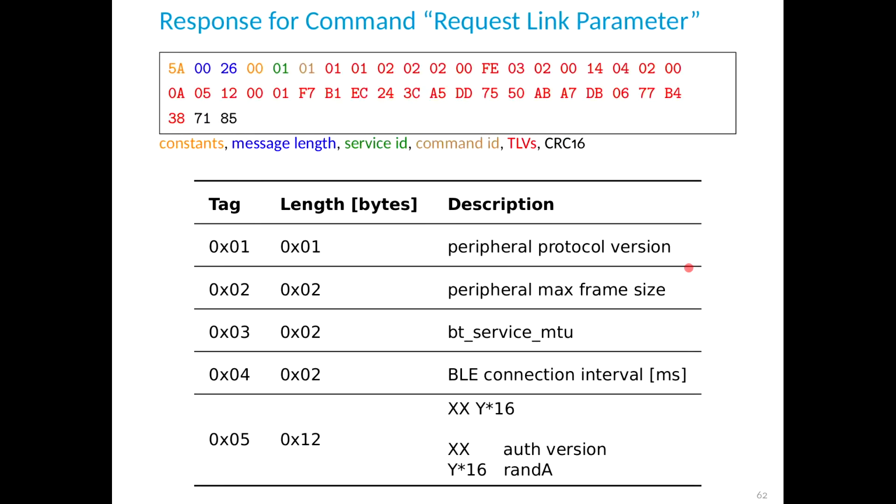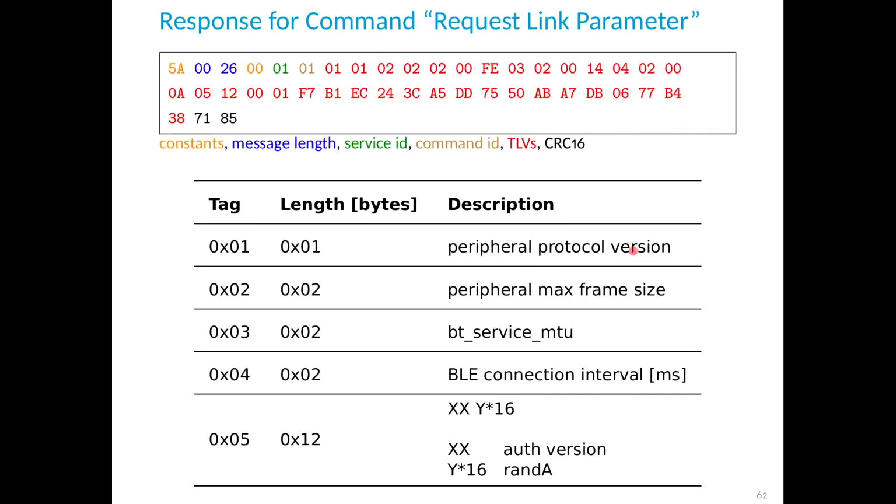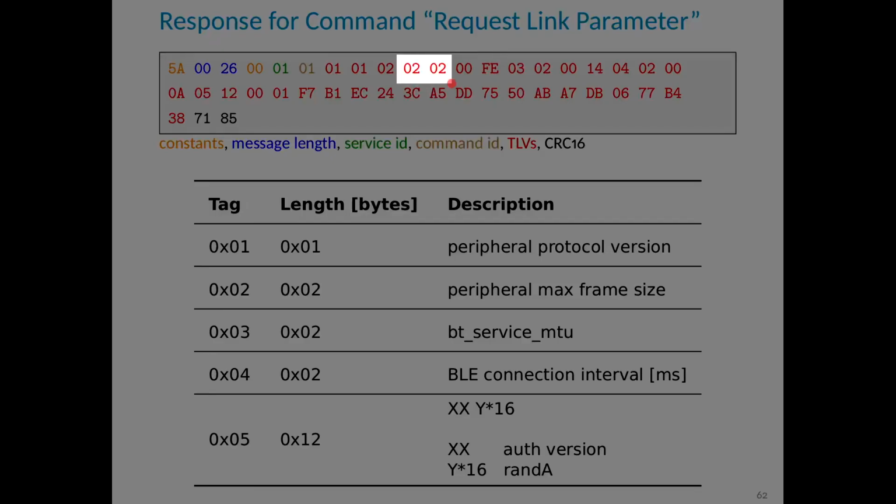And here you can see the response from the fitness wearable. The beginning is the same, and then it says for tag 1, it has a length of 1, and the data is 2. So the protocol version is 2. For tag 2, we have a length of 2, so the max frame size is this value.